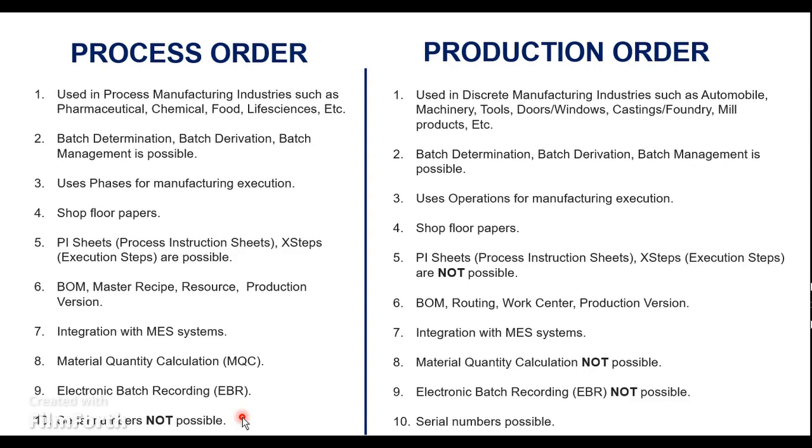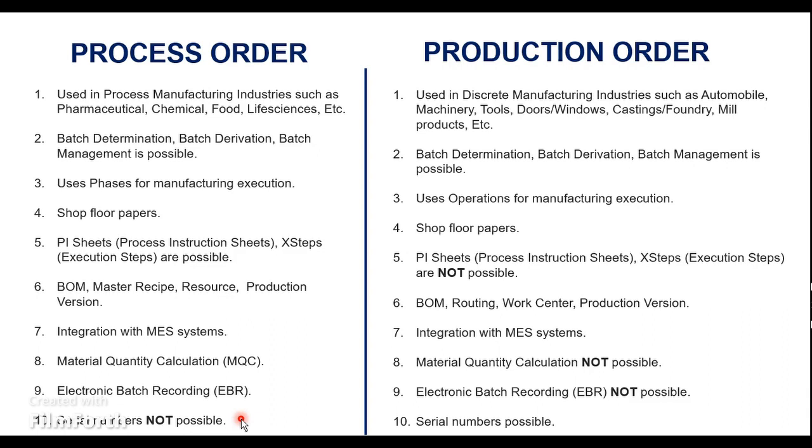So let's say vial 1, V1, V2, V3, so on to V10. So those vials can be created as serial numbers, but in standard this is not supported, and we have to go with a customized solution to create serial numbers against a particular batch or a process order.